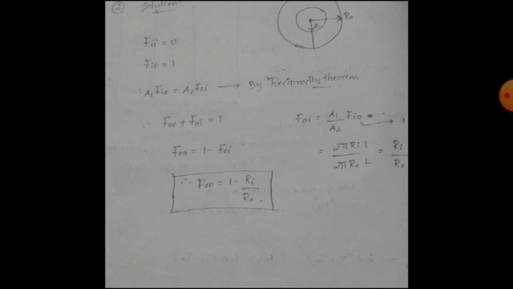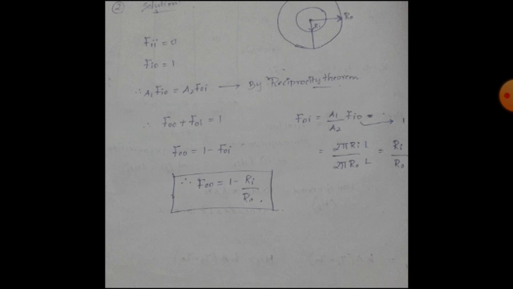One is onto itself and another is to the outside cylinder. Because it is inside, radiation is transferring from it only to the outer cylinder. Therefore, the shape factor onto itself will be 0. And we all know that the sum of shape factors is equal to 1. That's why here FIO is equal to 1.